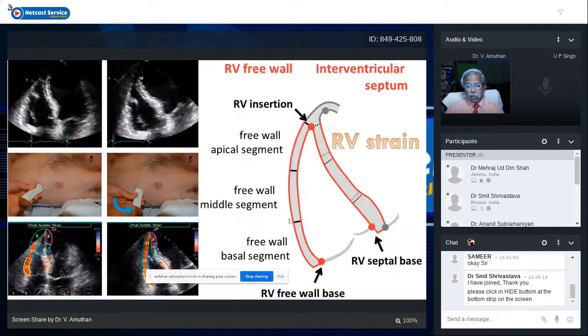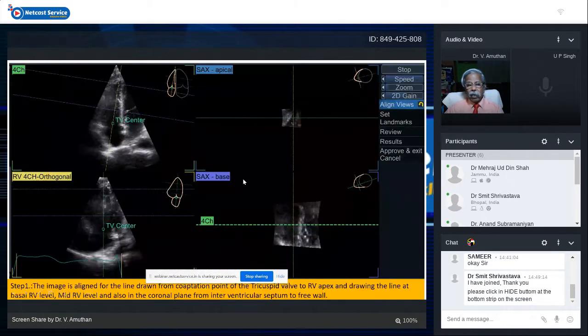To acquire the RV focused apical 4-chamber, you have to slightly tilt and rotate the transducer so that the RV apex is seen. And this is done in very easy steps. First, you have to align the views, then place the tricuspid valve center over the center of the tricuspid valve.